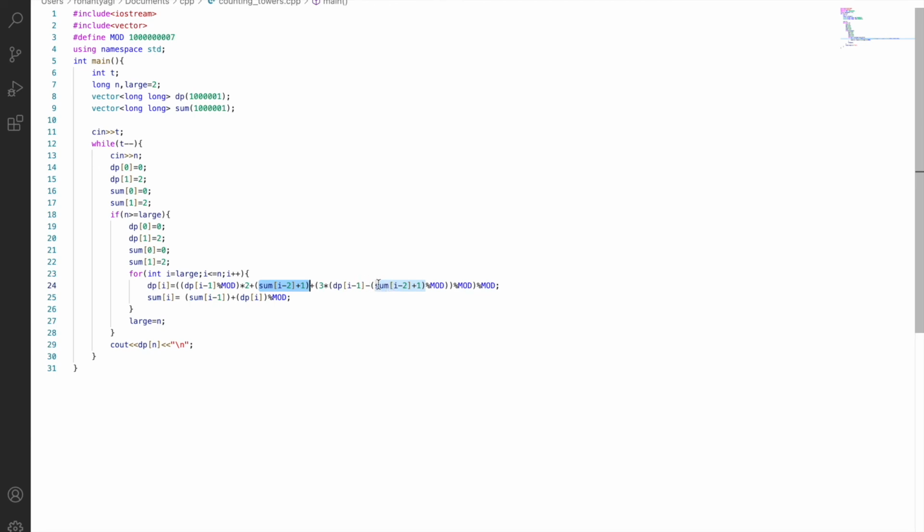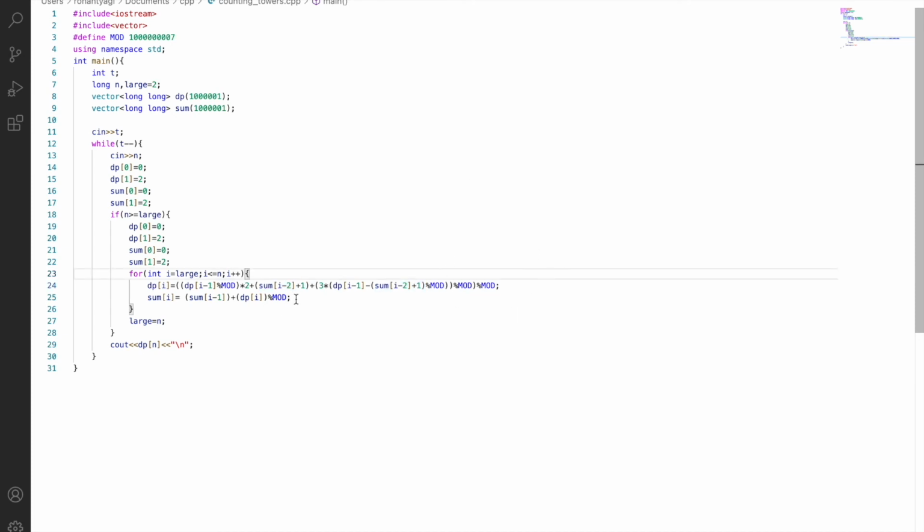On subtracting this value from dp of i minus 1, we get all the solutions which have the vertical line, and we multiply this with 3. We multiply by 3 because when we have the vertical line in our new layer, we can have a box in the left, or a box in the right, or no box in left or right, both open from the bottom. So we have added all the solutions.